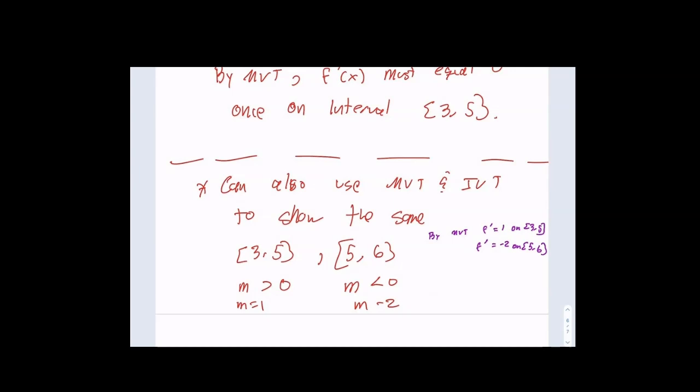Therefore, by IVT, f prime must equal 0 on the interval 3 to 6, since the slopes go from positive to negative.